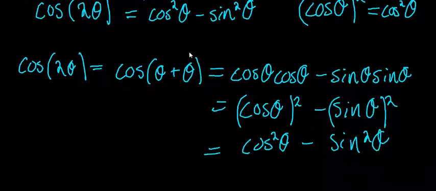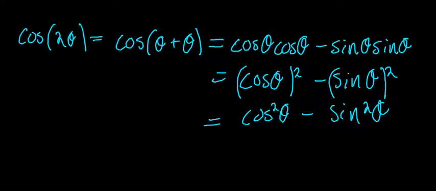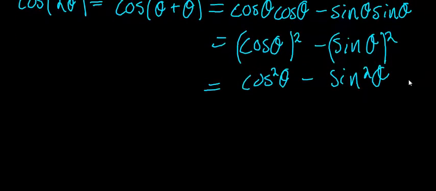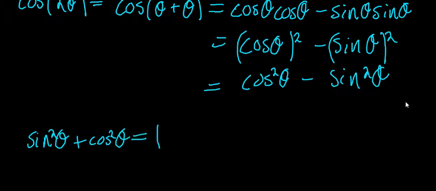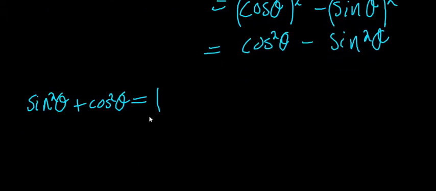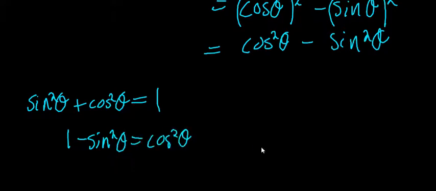Now, you'll often see this double angle identity in a different form. Check this out. We know that sine squared of theta plus cosine squared of theta is equal to 1. And this means we can rearrange this to say that 1 minus sine squared of theta is equal to cosine squared of theta.